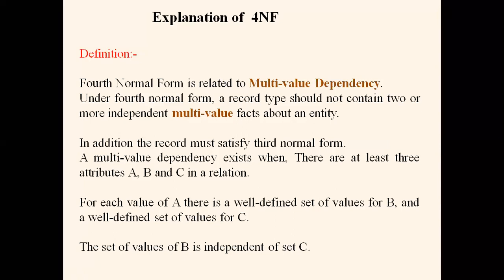In the fourth normal form, a record type should not contain two or more dependent multi-valued facts about an entity. That means more than one value should not be available, so many to many is not preferable for the multi-valued case.